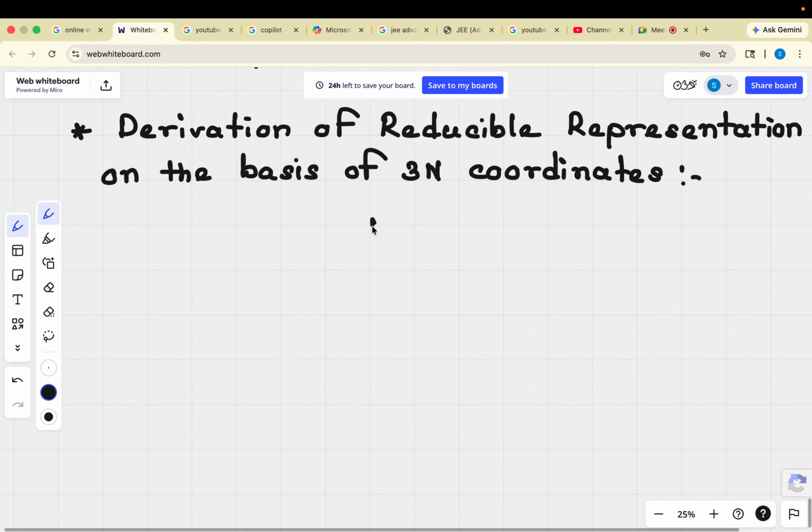So suppose n is equal to the number of atoms, okay.